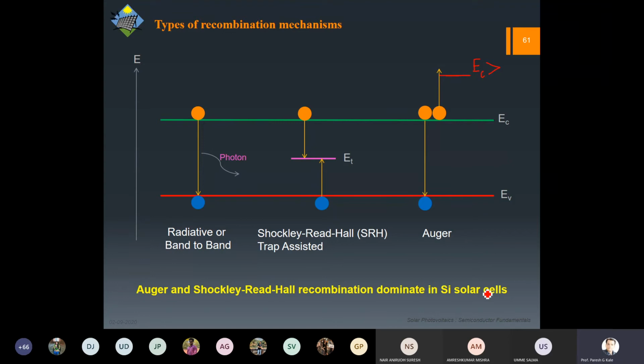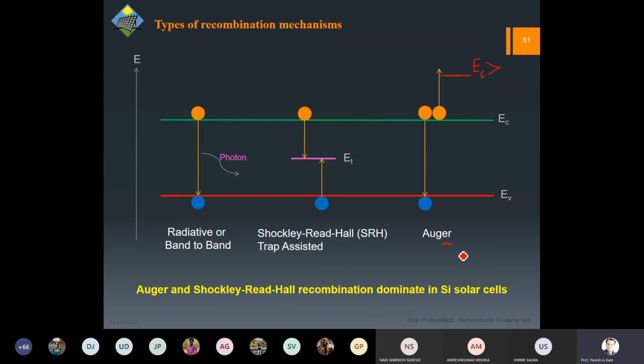Now, as far as the first one is concerned, you can see that a photon is being released, so this is definitely not going to be significant. SRH is the most dominant, and we will see that Auger is dominant only if the doping is higher.